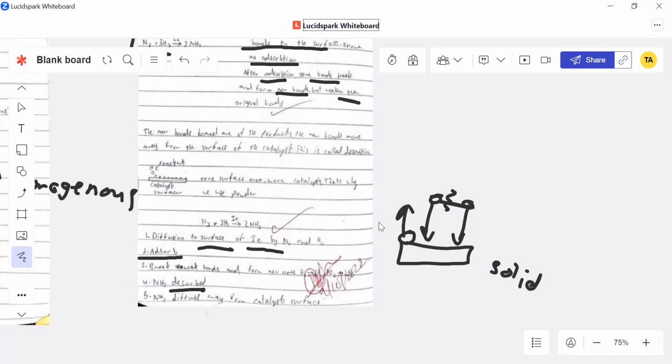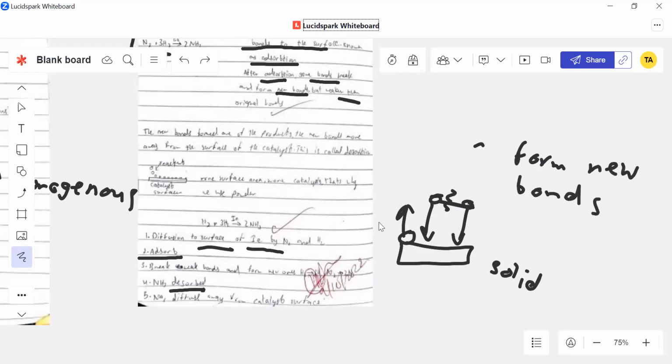So there are three steps for this reaction. They diffuse to the surface; this is step one. Step two is adsorption, where the gas molecules form new bonds.